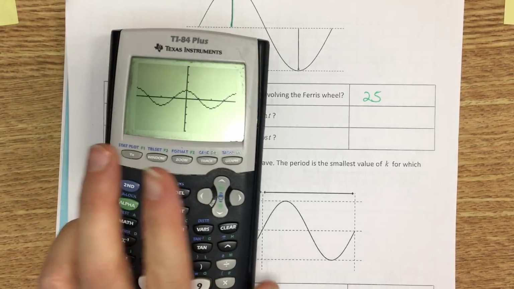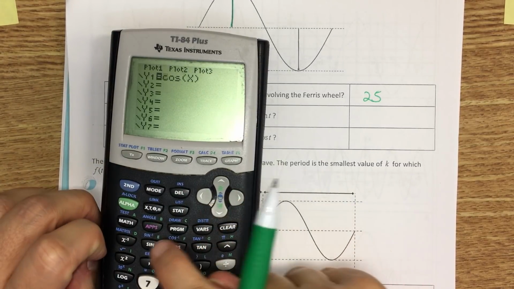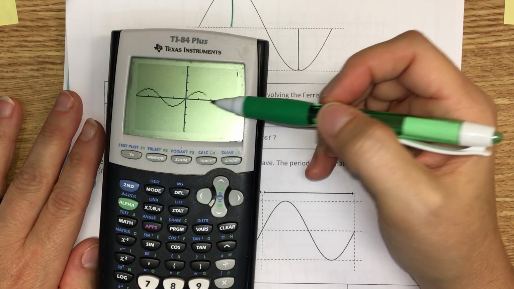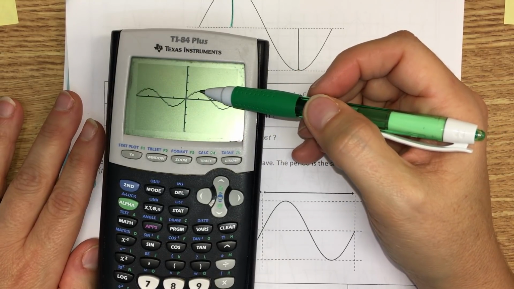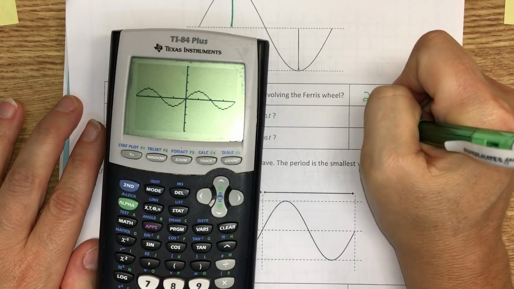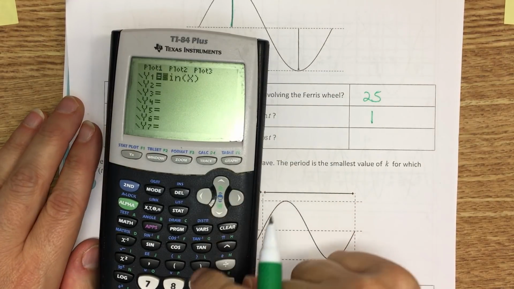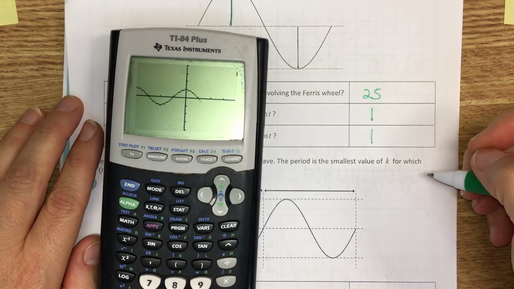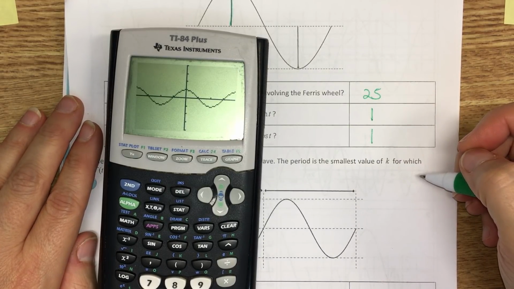If I change my calculator to just sine, I see the midline at y equals 0, and this graph is only going up to 1. So it has an amplitude of 1. And cosine also has an amplitude of 1.